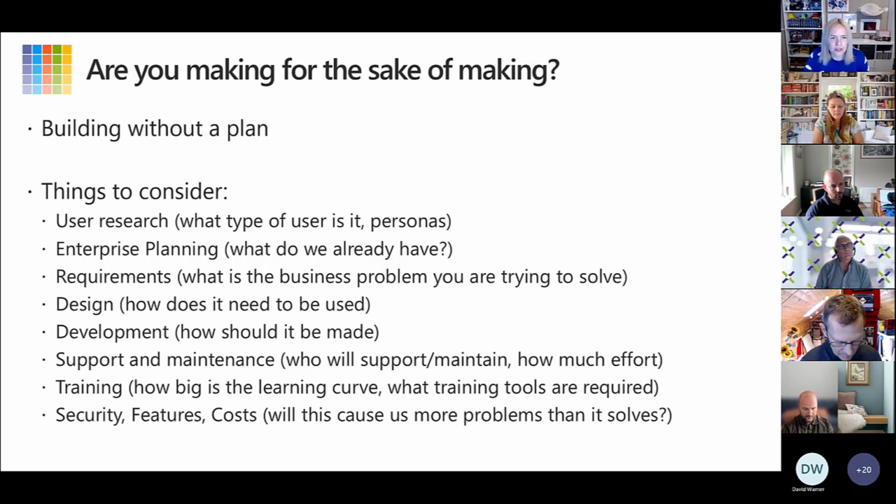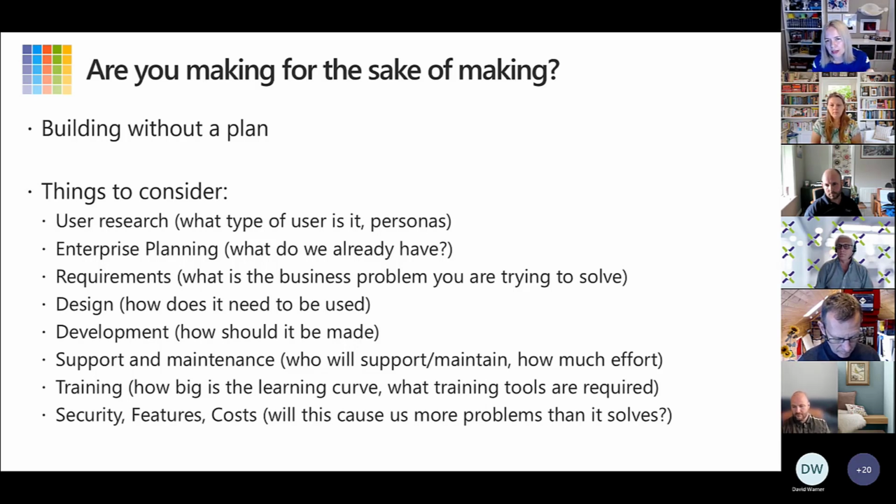So it's really, really important to understand what the business is actually trying to achieve. What's the problem that we're trying to solve? And to get this right, the analysis stage is super important. It's vital that we understand the different user personas, what they're going to be doing in the application, the business processes that underpin whatever is being requested, and how it needs to be used, what those typical use cases look like.